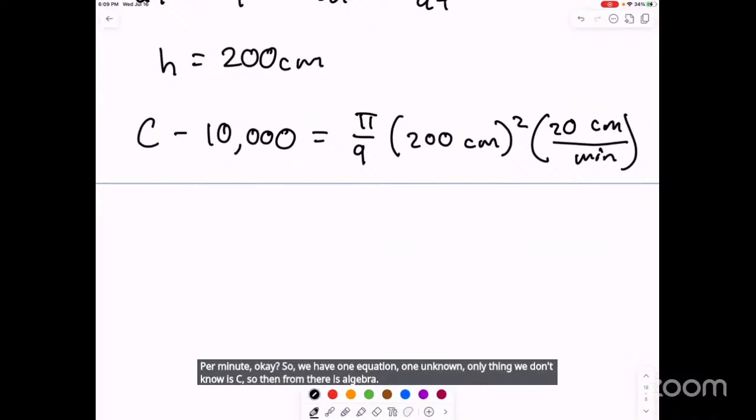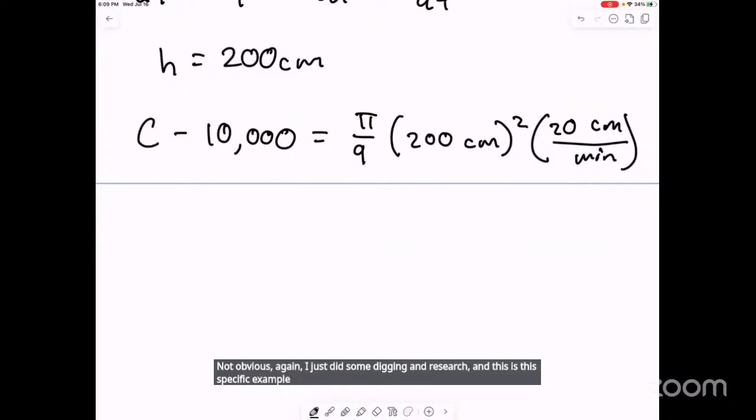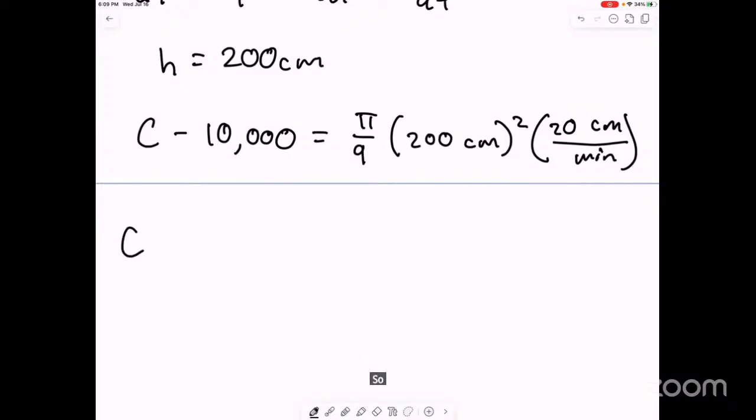Not obvious. Again, I just did some digging and research, and this is this specific example. So then we're going to take this and see if we can apply it to our example. So then the rate of the water in should be, we just have to calculate that.